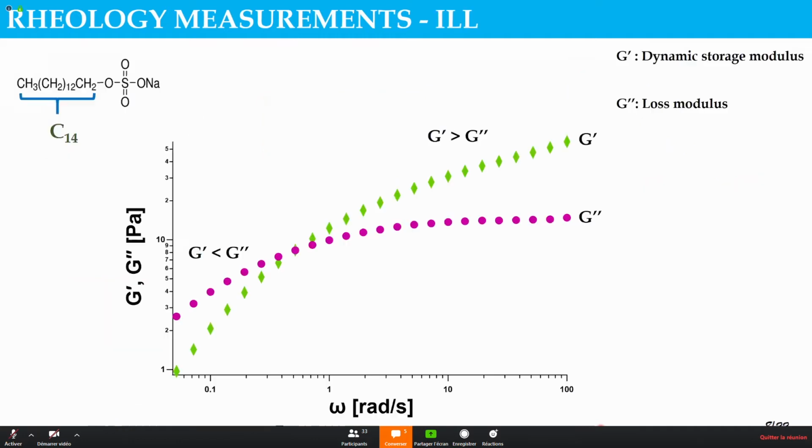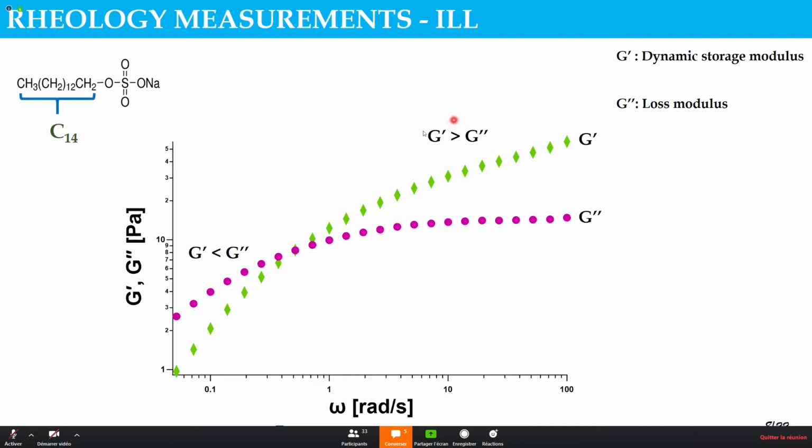So now we can have a look at this rheology measurement. And as you can see here, we have the graph basically divided into parts, because at high frequencies, G prime is higher than G double prime, while at low frequency, G prime is lower than G double prime. But what does this mean?